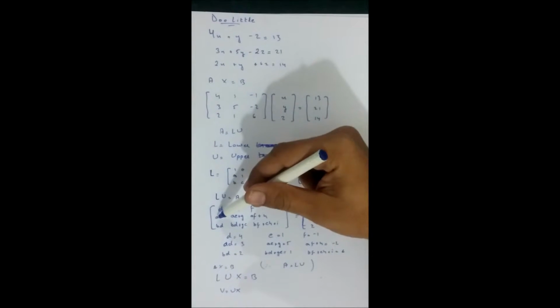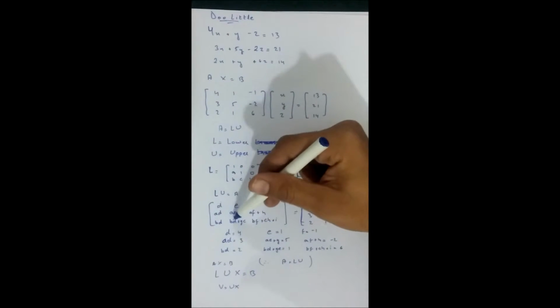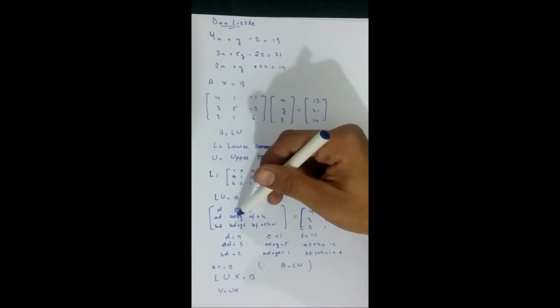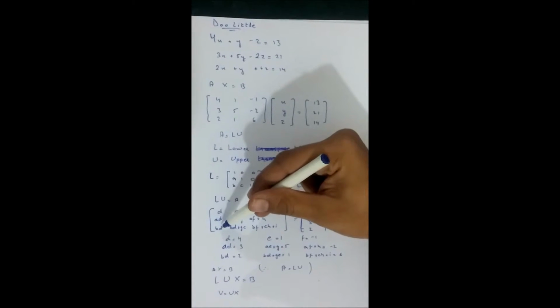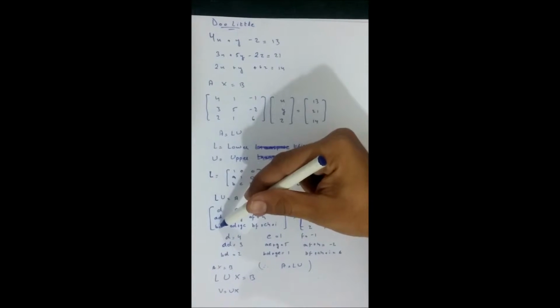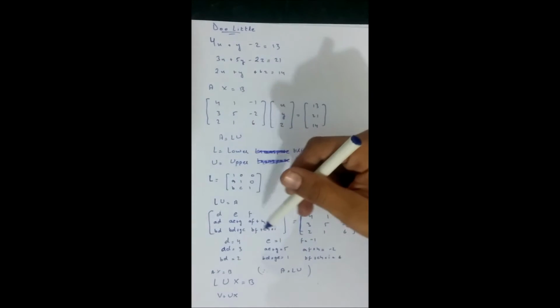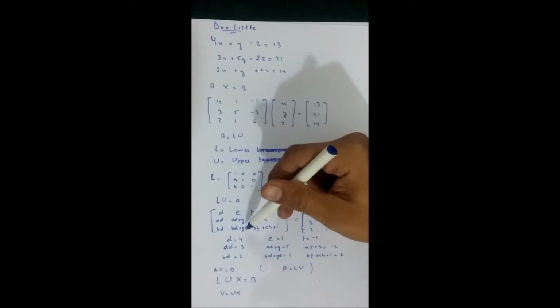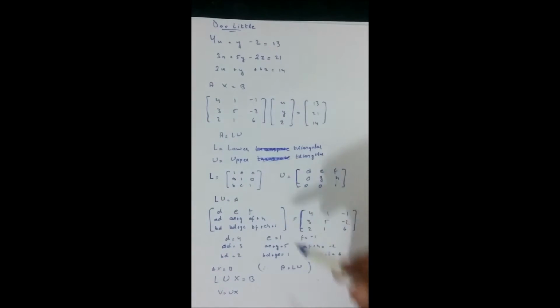Similarly, we can find the values of A, and by using the values of A and D, we can find the values of B, and similarly we can find the values of G, H, and the other unknowns.